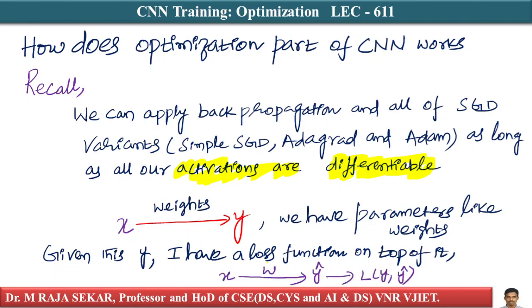L of Y comma Y cap, isn't it? It's a function of Y comma Y cap. Given X is the input, W is the parameters, Y is the actual output, and Y cap is the output which we have got.